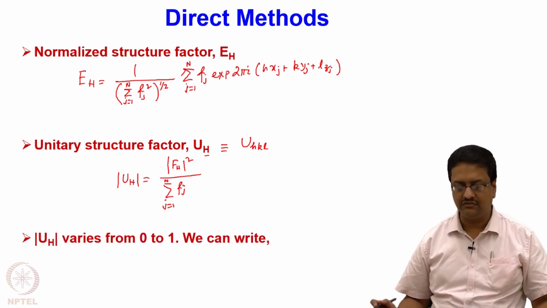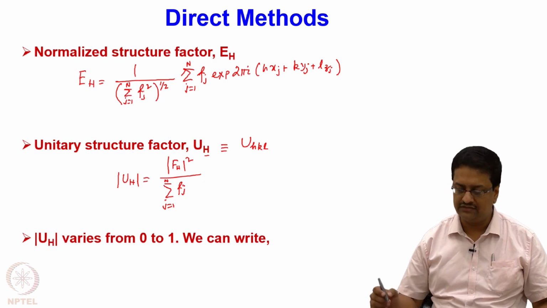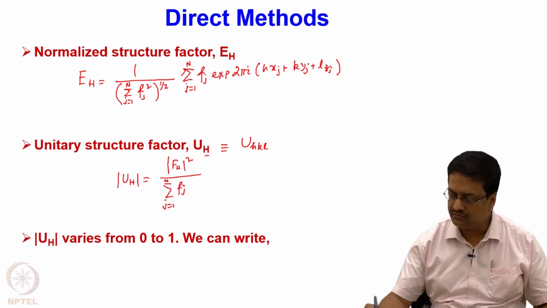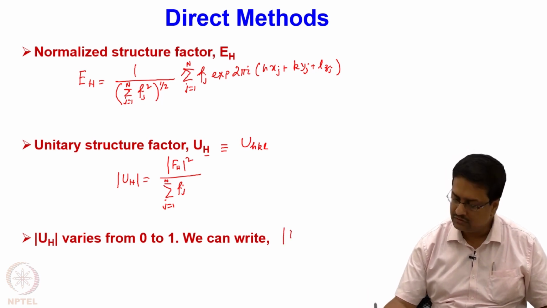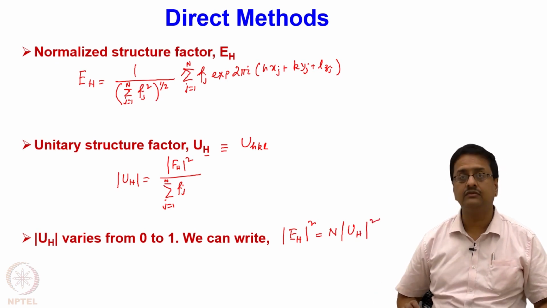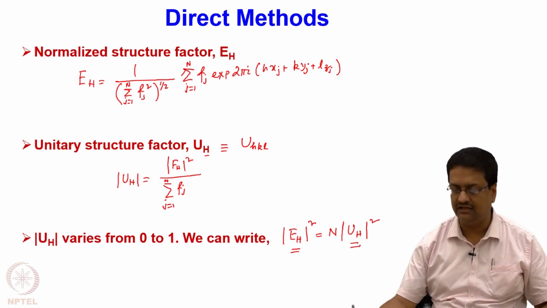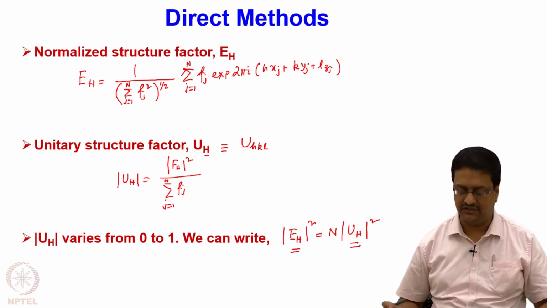And then we understood that the value of UH varies from 0 to 1, and further we could write that EH square is equal to n UH square. So we could write an expression between the normalized structure factor and the unitary structure factor.